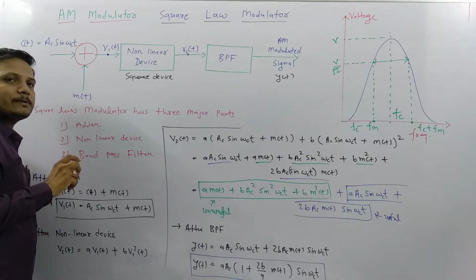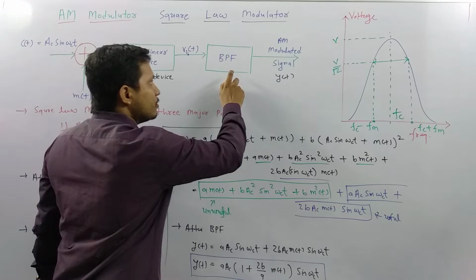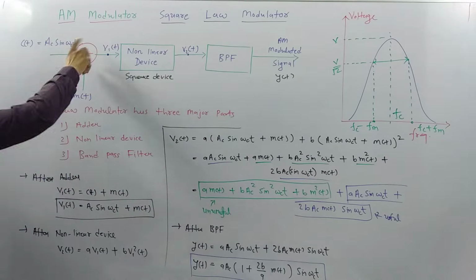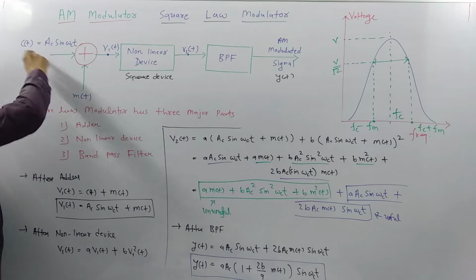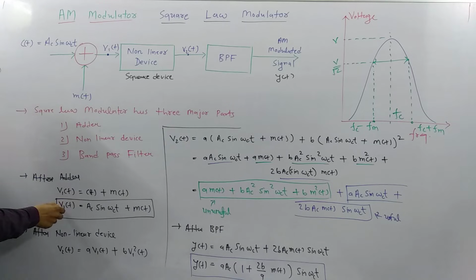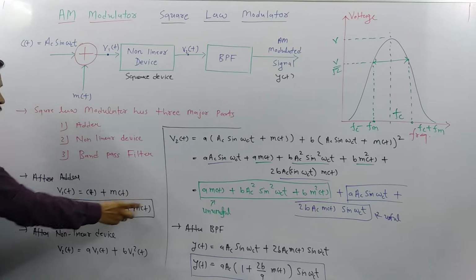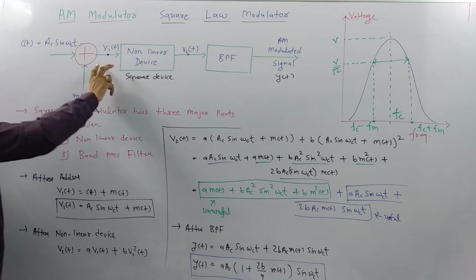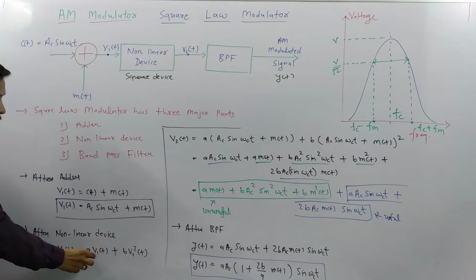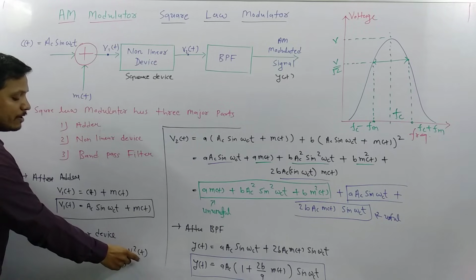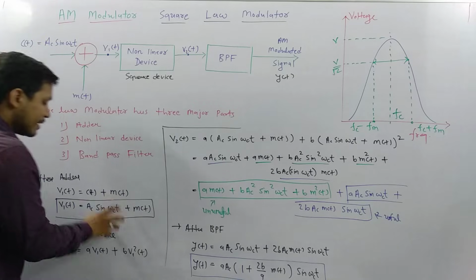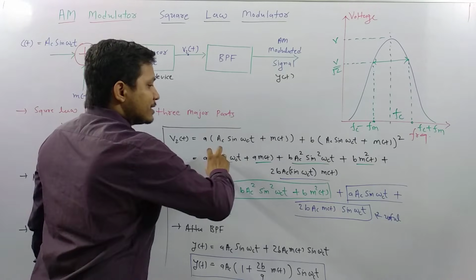This adder gives the V1 voltage, that is the addition of these two, carrier signal plus modulating signal. After passing through the non-linear device, the output is V2, that is small a V1(t) plus small b V1 square of t. We placed this value here and separated all those terms. Out of those terms, a few are useless terms and a few are useful terms.